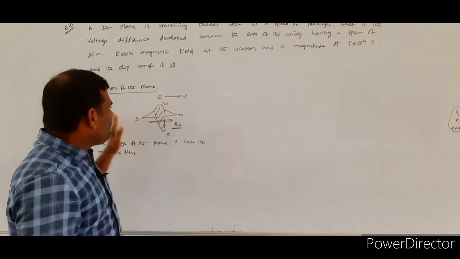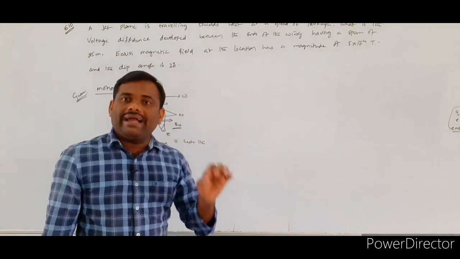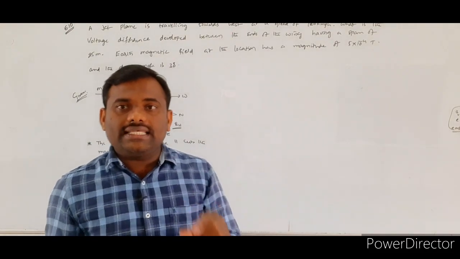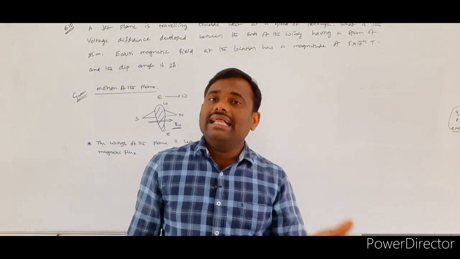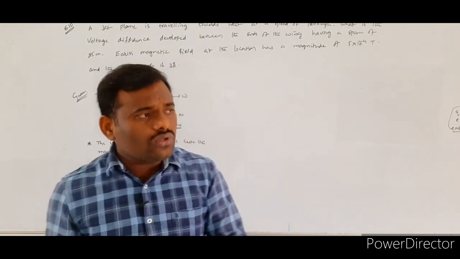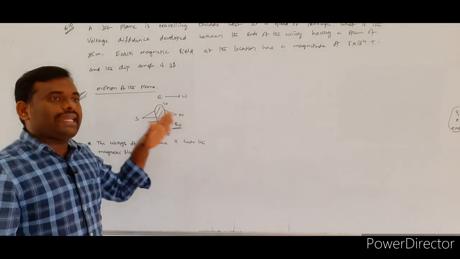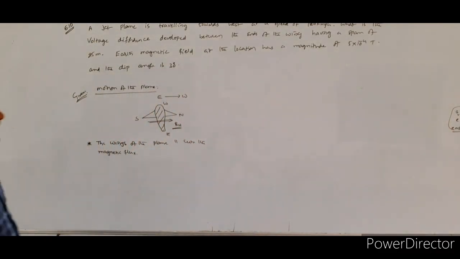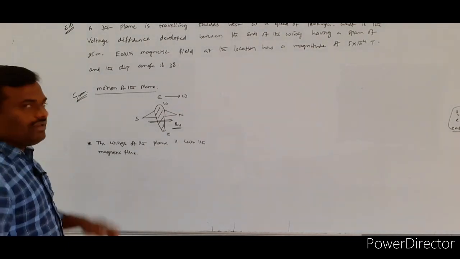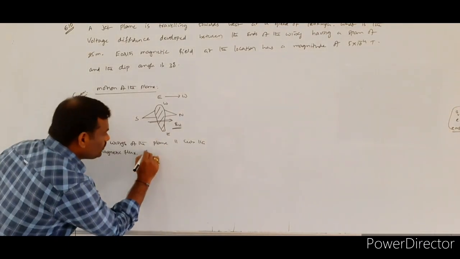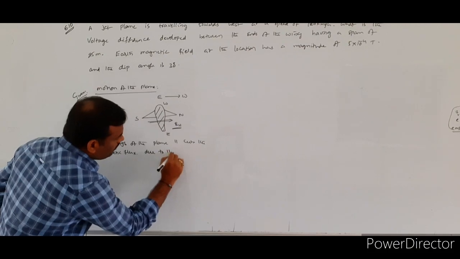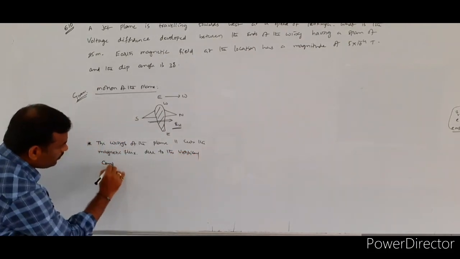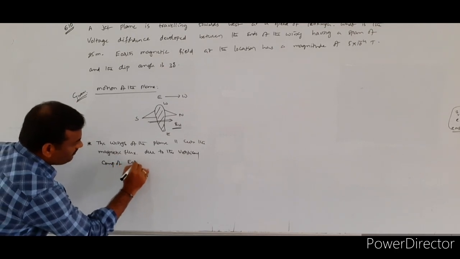This means the wings do not cut the magnetic field lines due to BH. The wings will be cutting the magnetic field lines of the vertical component of the earth magnetic field.